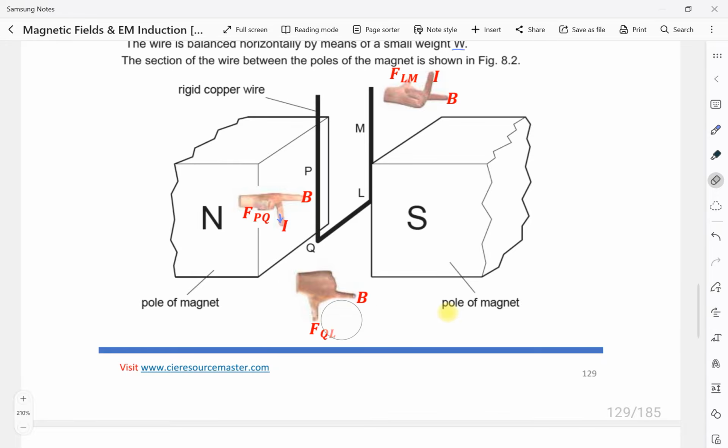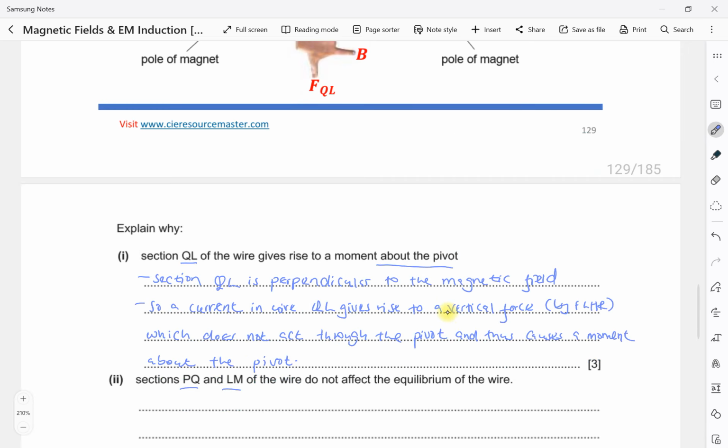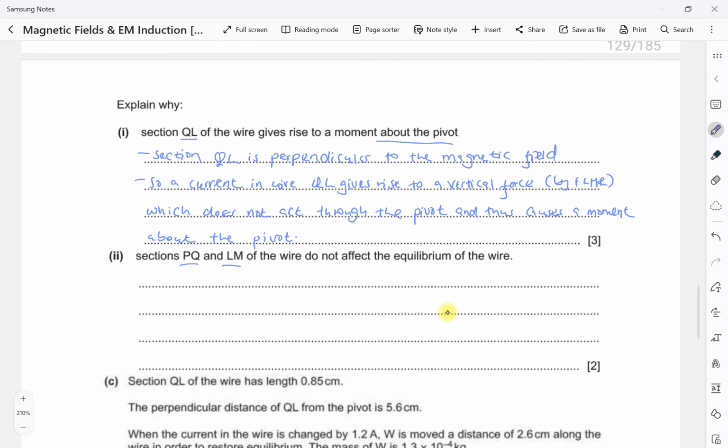Okay, so I'm going to simply say that the forces on PQ and LM are horizontal and act through the same line. The forces are equal in magnitude.